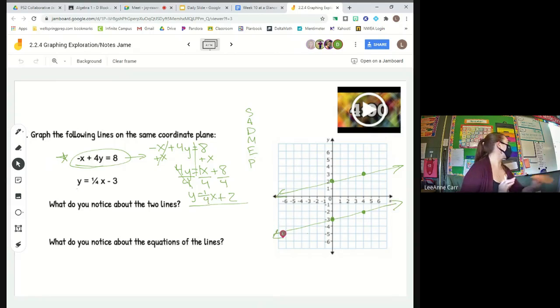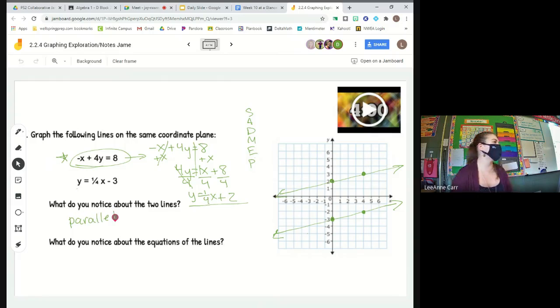And so even though these were given to us in different formats, again, what are we noticing here? What do you notice about those lines, people? Yeah, thank you. I got it in the chat and in person. We said that they're still parallel.